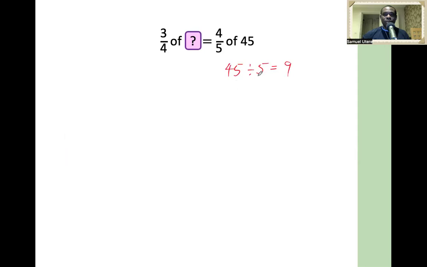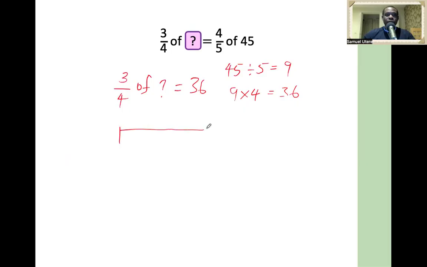So 45 divided by 5 is 9. And then 9 times 4 is 36. So what this means is 3/4 of something we don't know is equal to 36. That's what it means.